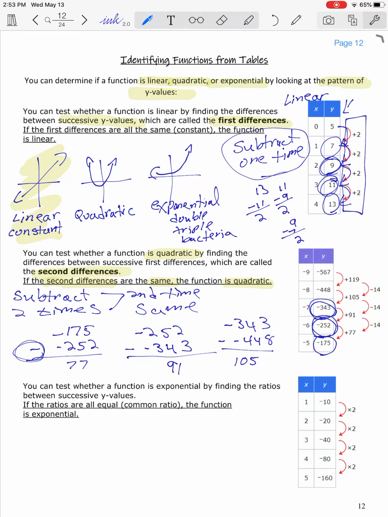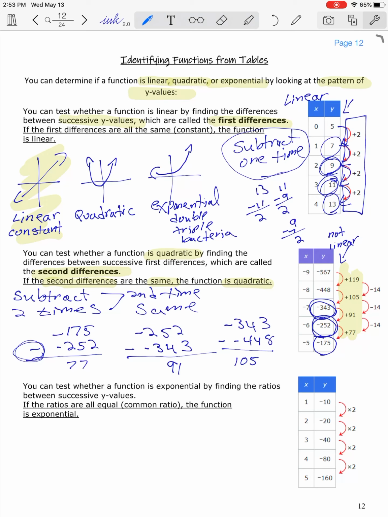When I put that in the calculator, I'm going to get 105, and so on. So I know when I look at this first subtraction, they are different. They are not the same. Do you guys agree? So if they're not the same, that means it's not linear.